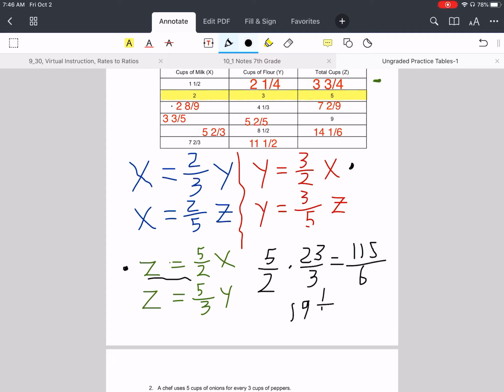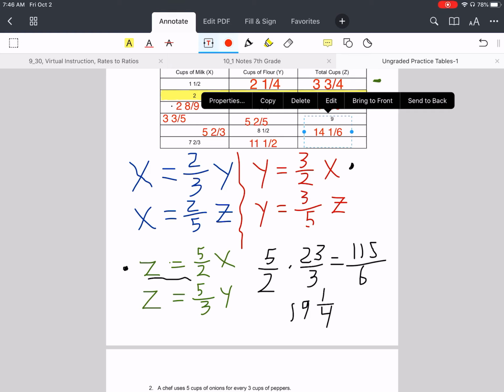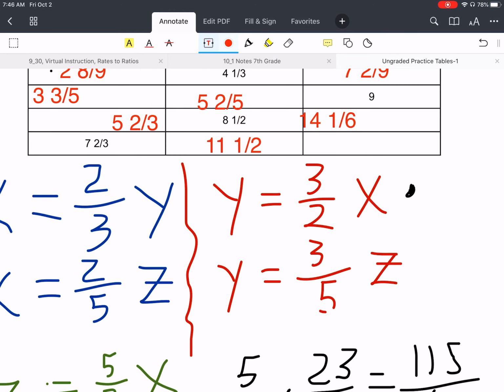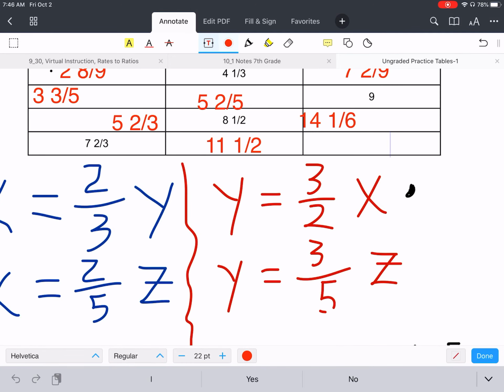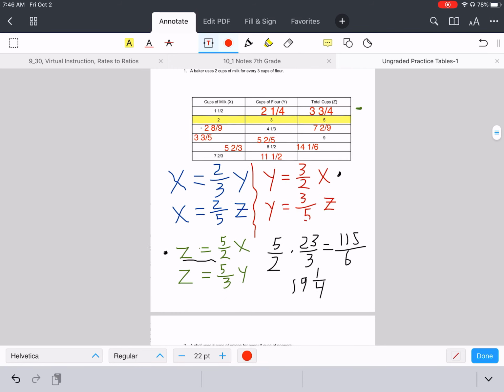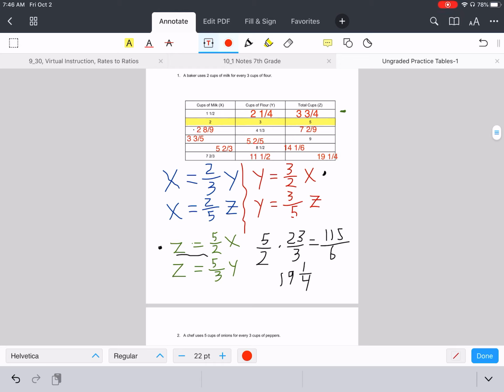So we have 19 wholes and 1 left over. Let's try to type this last problem. There we go. So that was 19 1/6. So now you have filled out the entire table and you're good to go.